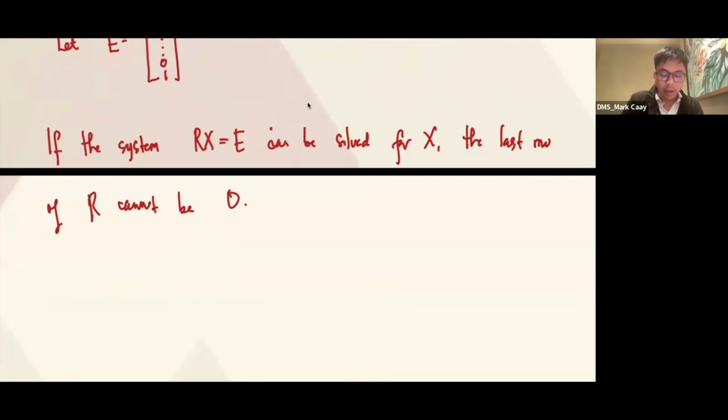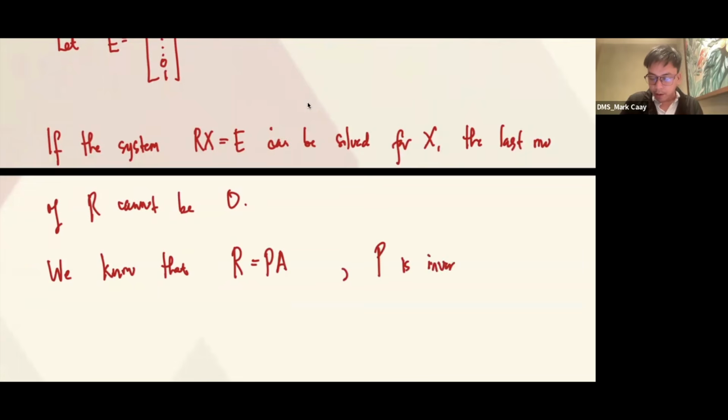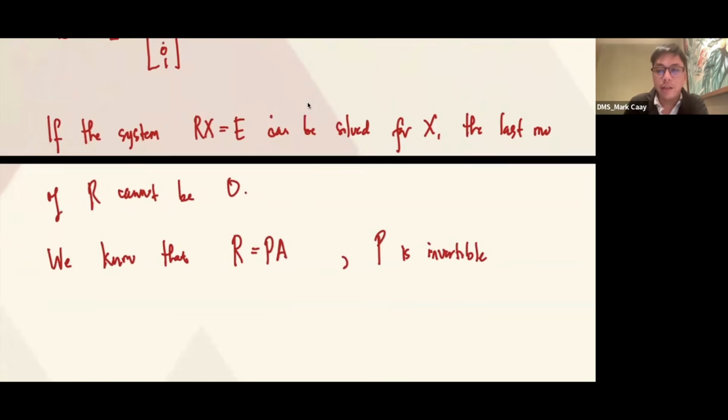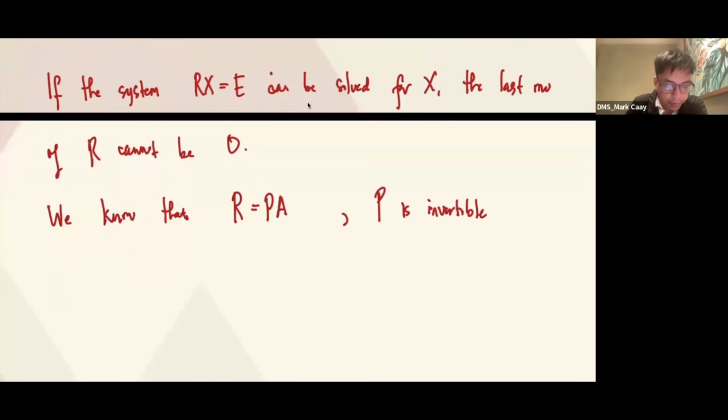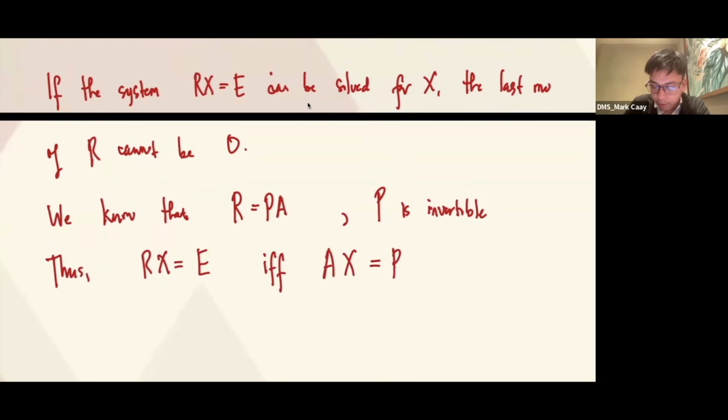In this case, we know that R is equal to PA for some invertible matrix P. That is back on the previous theorem. Now, thus, RX is equal to E if and only if AX is equal to P inverse E.